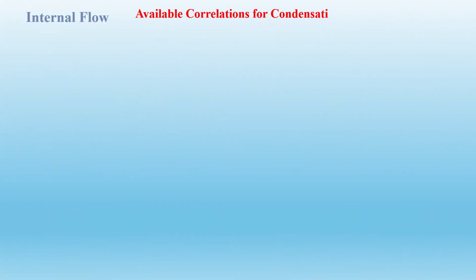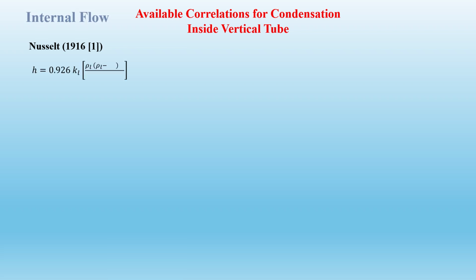Available correlations for condensation process in vertical tubes. Of course, there are quite a good number of these correlations available in the open literature. Let us introduce first Nusselt equation in 1916 when it was performed through analytical solution for condensation process on a vertical plate. And this correlation has the form as shown in equation 1a.